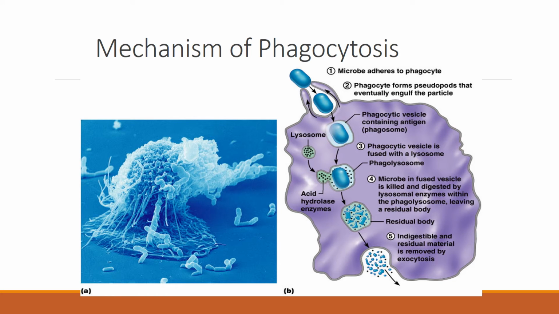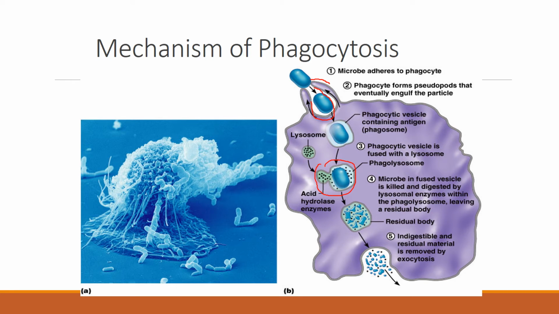So when we look here at the steps of phagocytosis, in step 1 the microbe is going to adhere to the phagocyte, and then via endocytosis we're going to have ingestion of that microbe. Then there's going to be the phagosome, which is the binding of the lysosome to that bacteria, and so a phagolysosome will form.